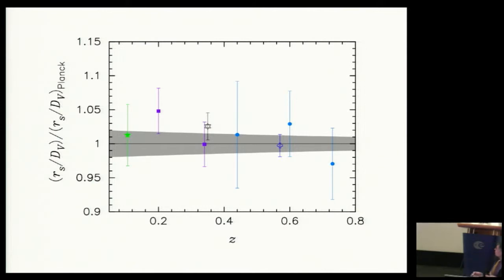So this shows results from baryon acoustic oscillation surveys. RS is the sound horizon at the time that baryonic drag becomes unimportant, and then dV is a combination of angular diameter distance and the Hubble parameter at the effective redshift of the survey.